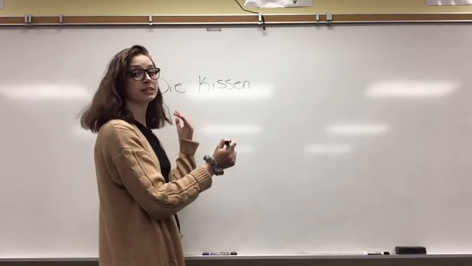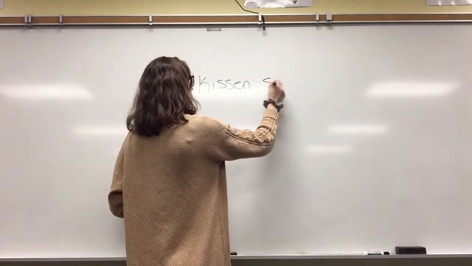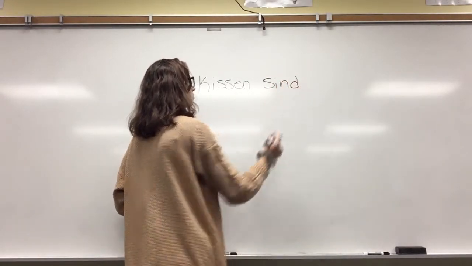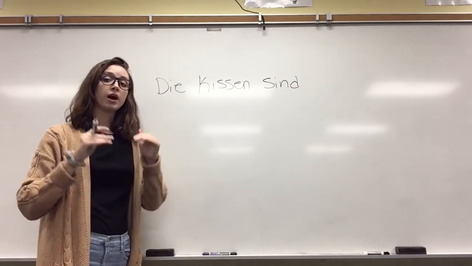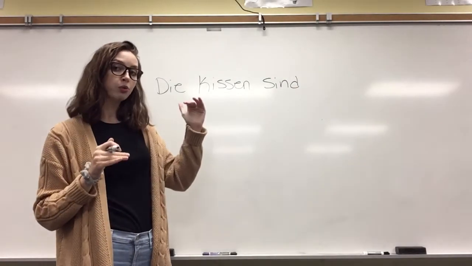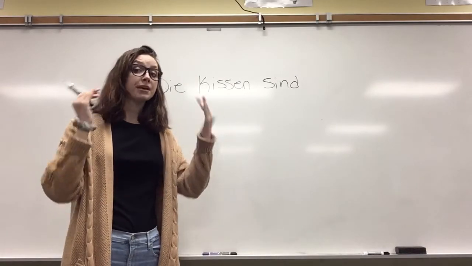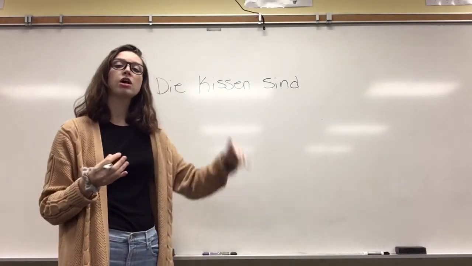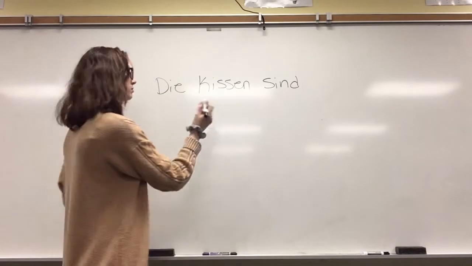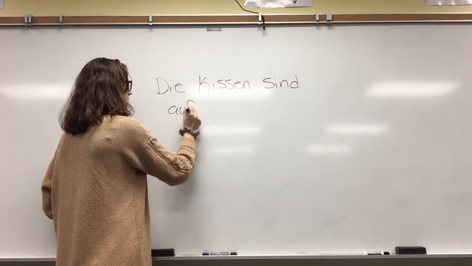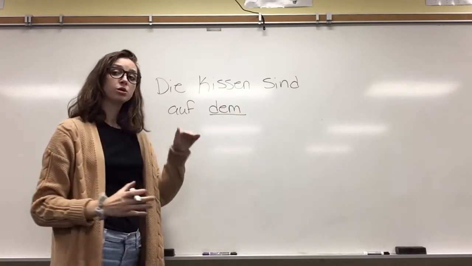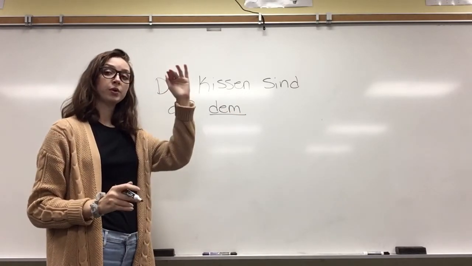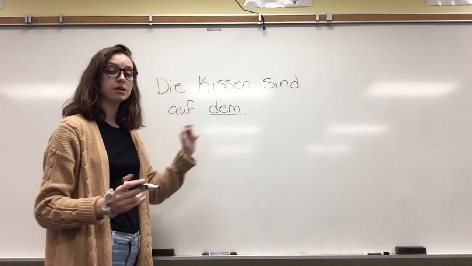So, die Kissen sind. And they are on top of the couch, so you have to choose. Is it going to be auf or an? Because these pillows are not hanging on a wall, we are going to use auf. Auf dem, because remember, sofa is neuter, so a neuter word in the dative is dem Sofa.